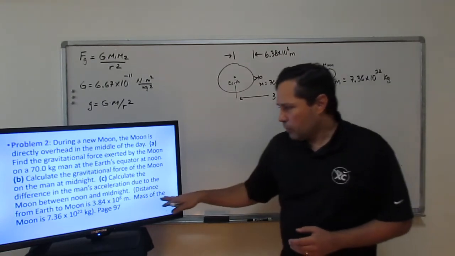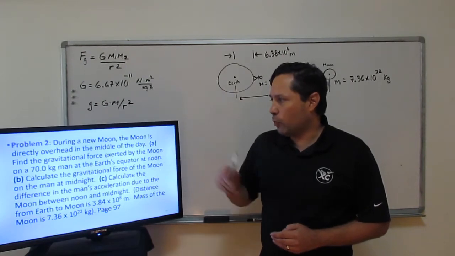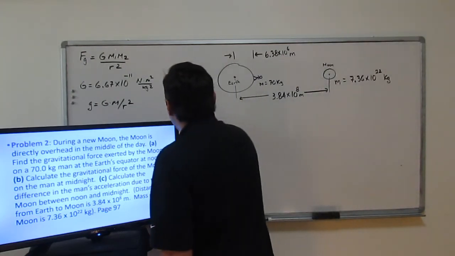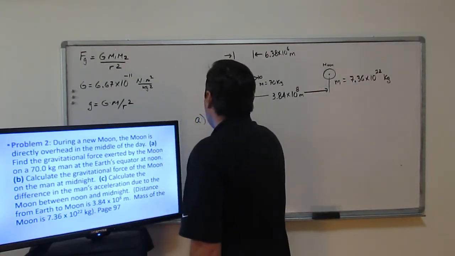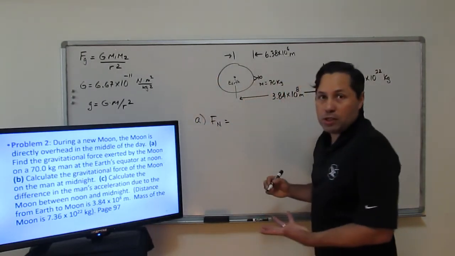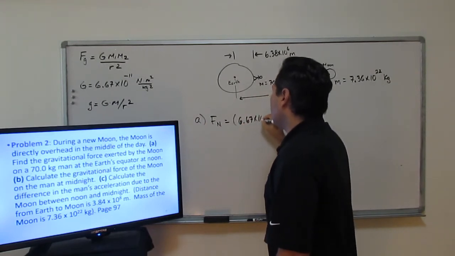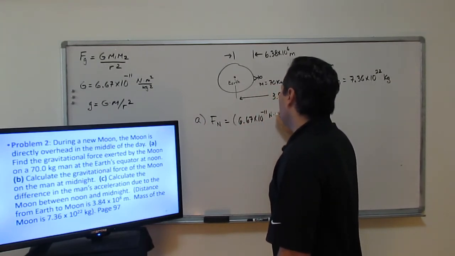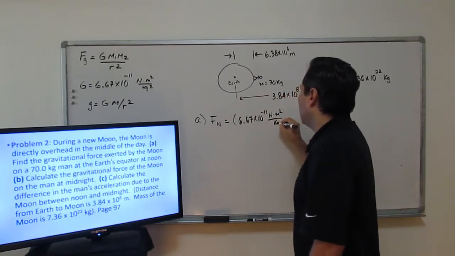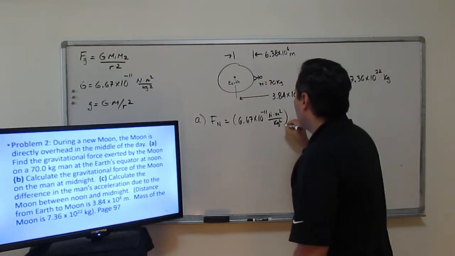So we're going to use all of these numbers to solve for part A first. In part A, they want the force at noon. So I'm going to use the top formula, which is G, the universal gravitational constant, 6.67 times 10 to the negative 11 newtons times meter squared over kilogram squared.